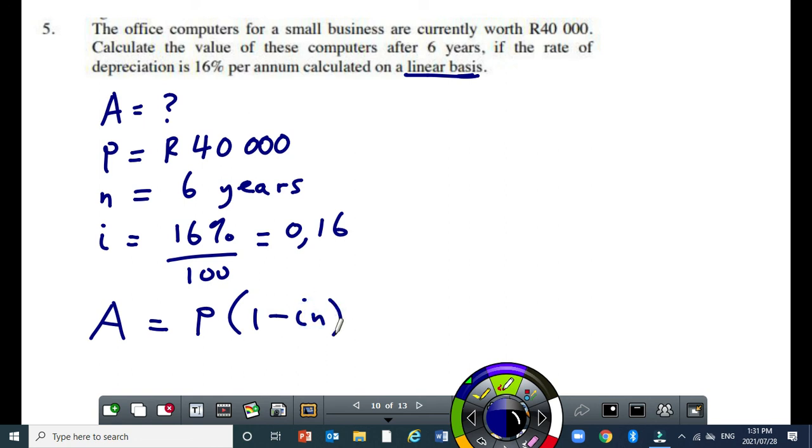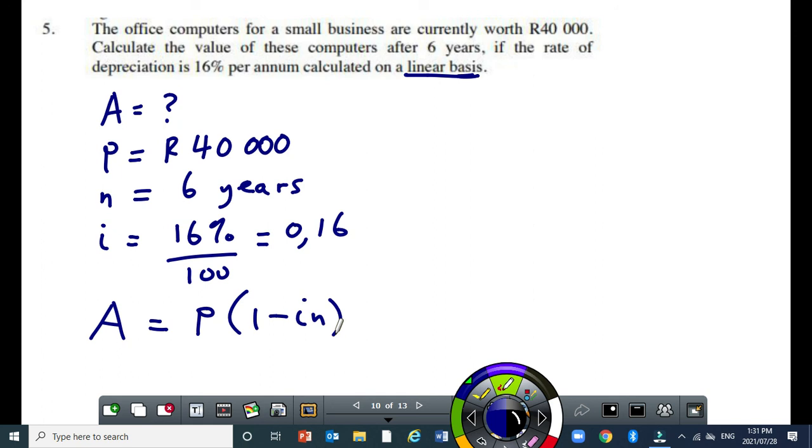I'm using the simple interest formula which involves depreciation because it says linear basis. This equation is a linear equation of the form y equal to mx plus c. If you remove the brackets, your two variables will be A and N. N is time.